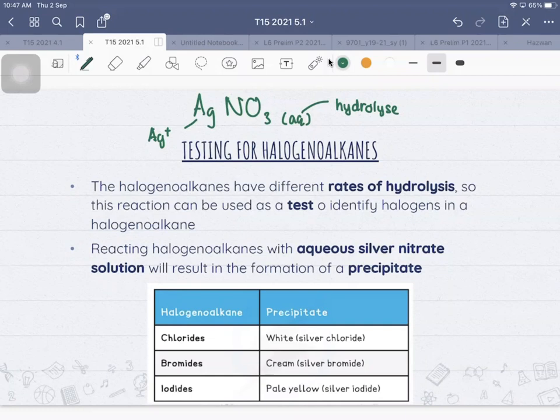So this is all useful if you do not know the halogenoalkane. Of course, if you already know the halogenoalkane, then there's no use for you to do a test on it. Testing is usually done for a compound or a molecule that is unknown. We do not know what it contains.